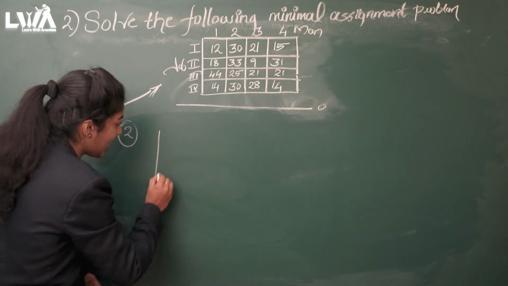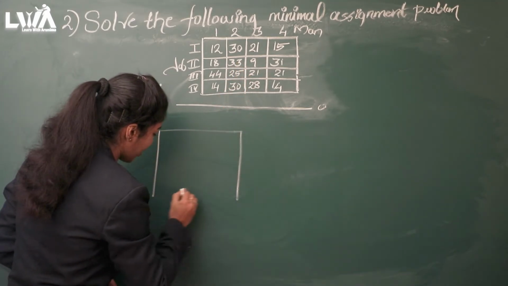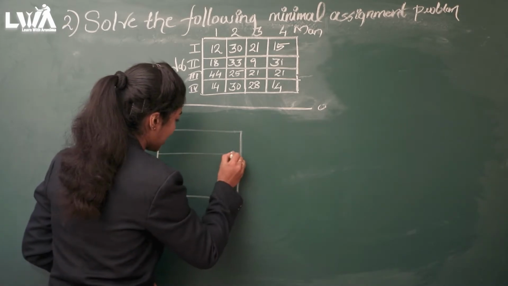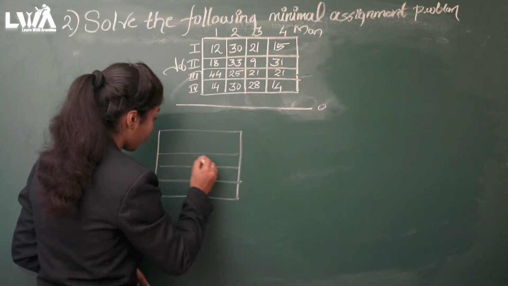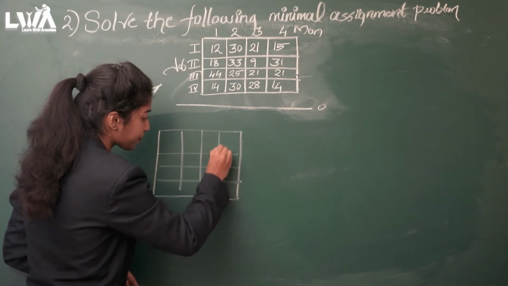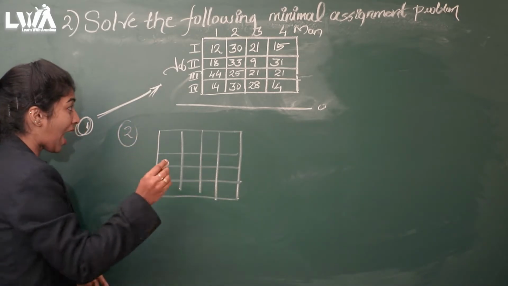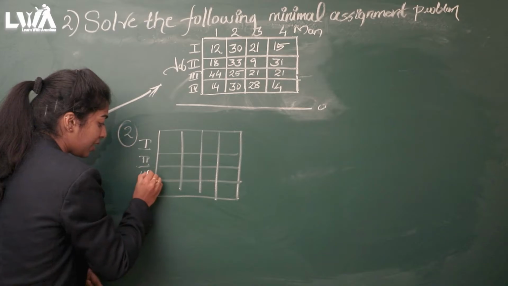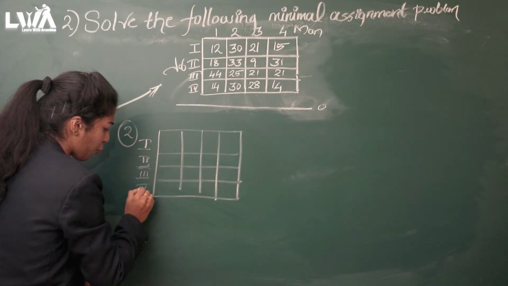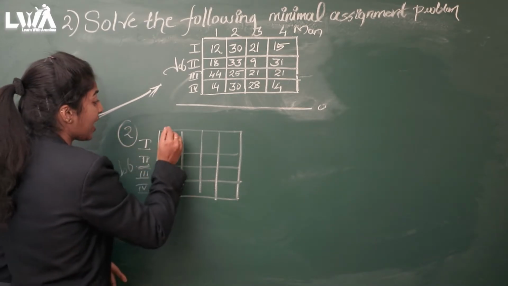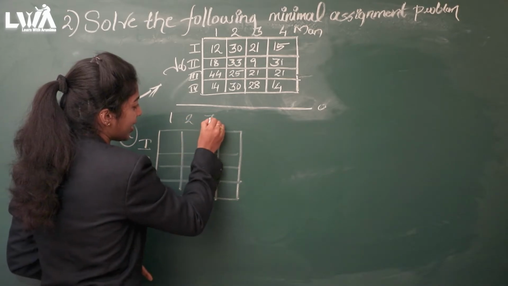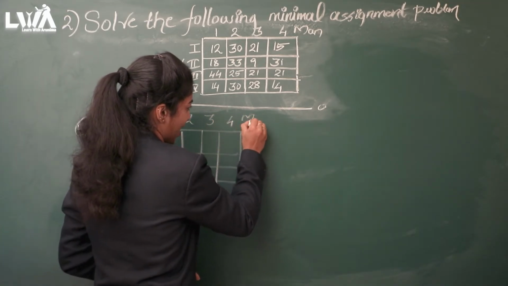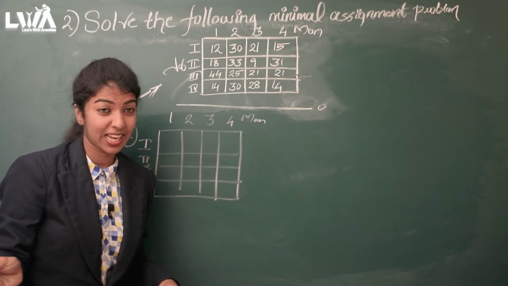So again, let's draw the matrix. It is a 4 by 4 matrix. All the concerned factors should be written here properly. That is 1, 2, 3, 4 jobs and 1, 2, 3, 4 machines. Let's check.